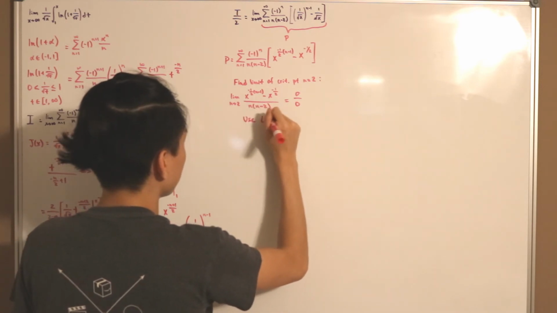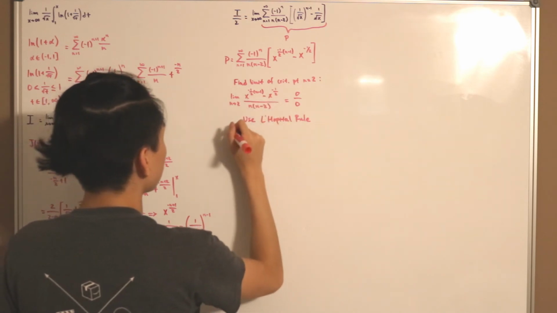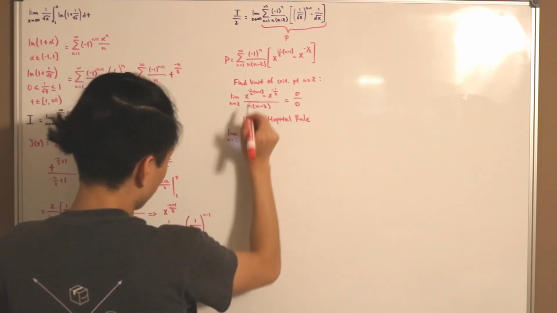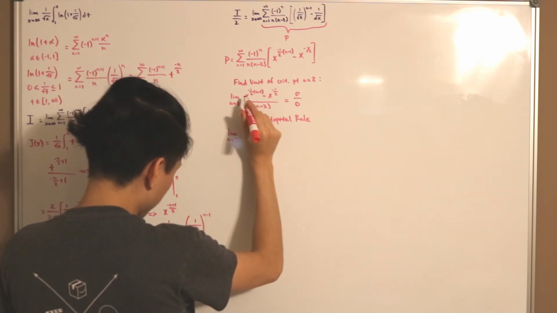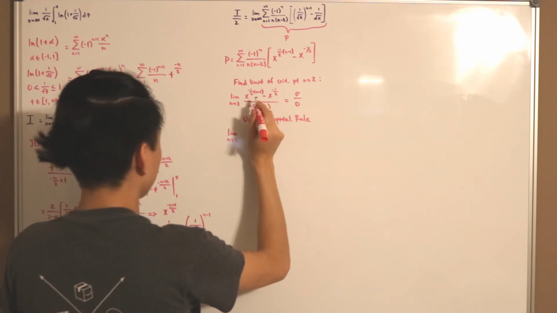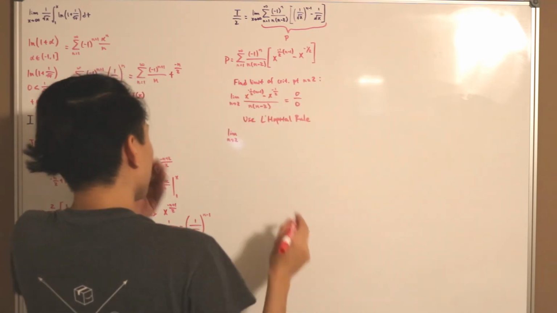So use L'Hopital's rule. Then when we take the derivative, this is the limit as n approaches 2. Be careful, since we're taking the derivative with respect to n, we're treating x as a constant. So be careful not to treat x as a variable.